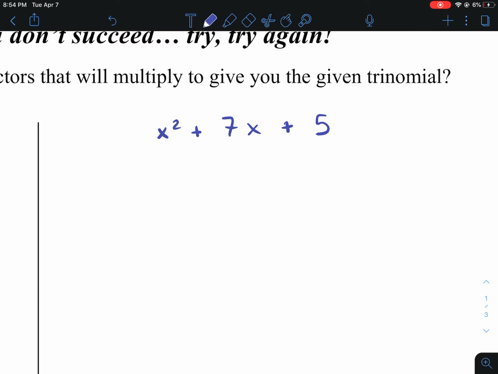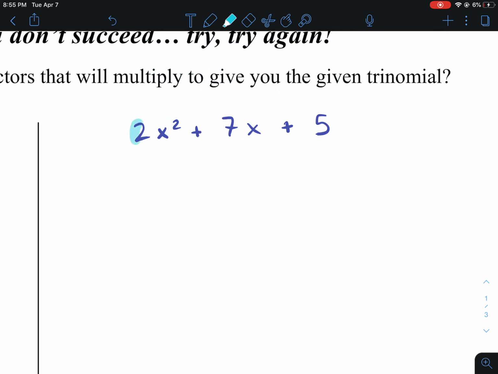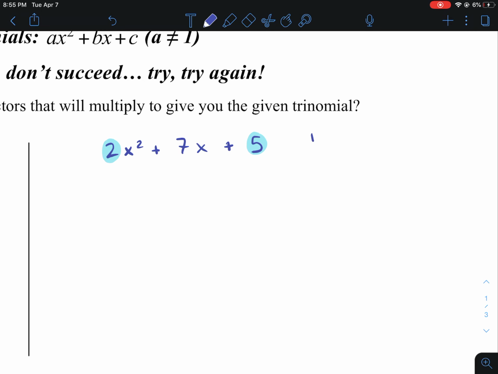We're going to do something similar, but instead of solely looking at the 5 for the product, we actually have to take the product of a times c. Say a is 2 and c is 5. So we want a product of a times c, which in this case is 10, and we want a sum of our middle term, 7.